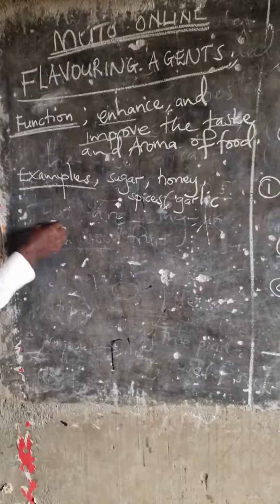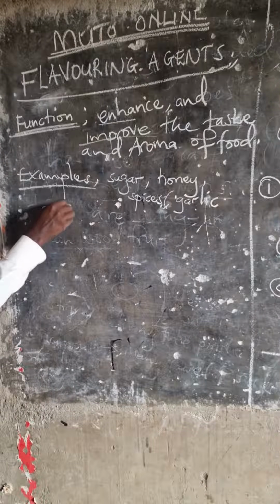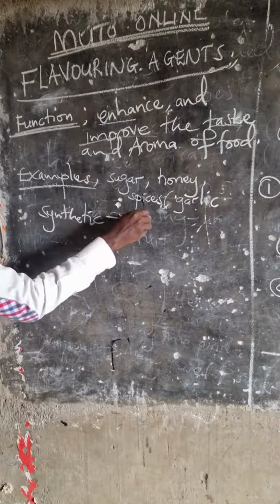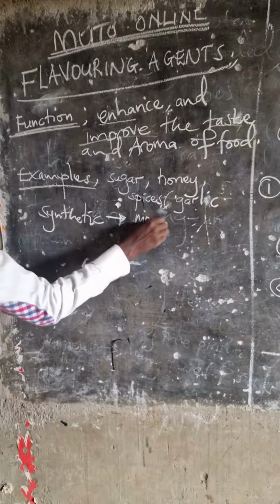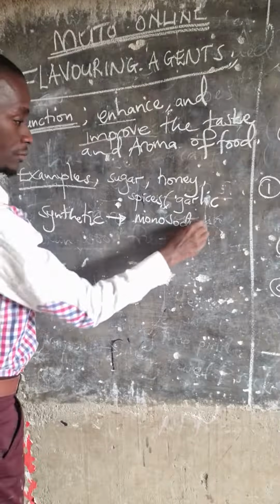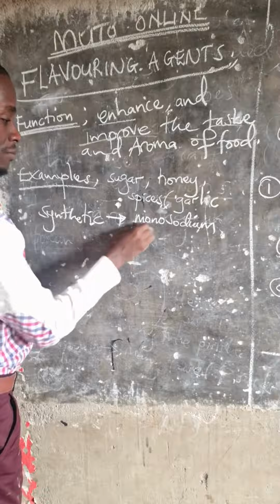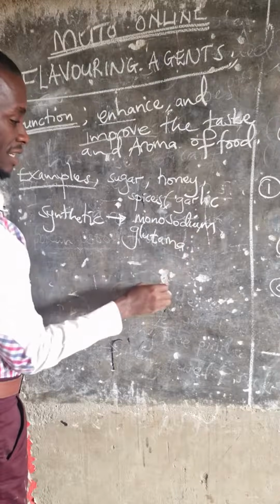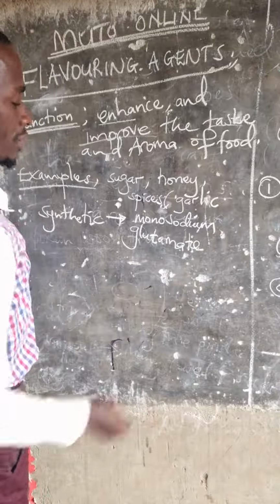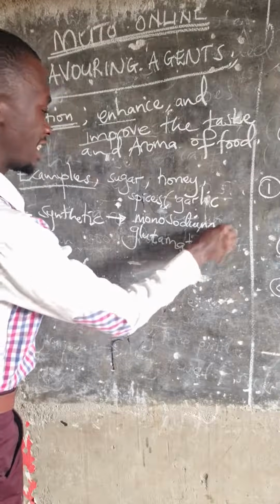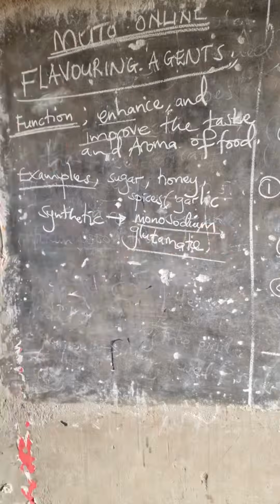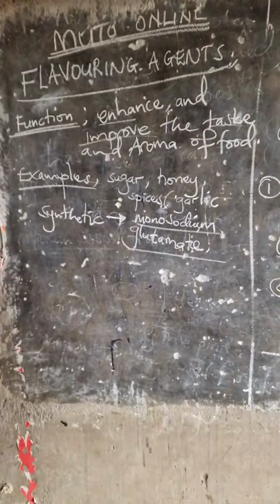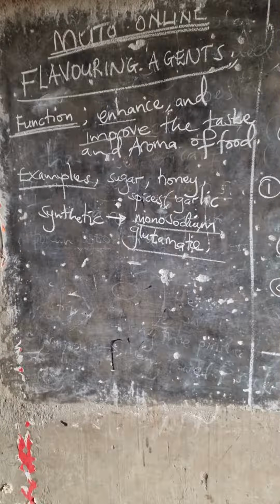And then the common synthetic flavoring agent used is known as monosodium glutamate. This monosodium glutamate is the commonest synthetic flavoring agent used. It enhances taste and the aroma of any food.